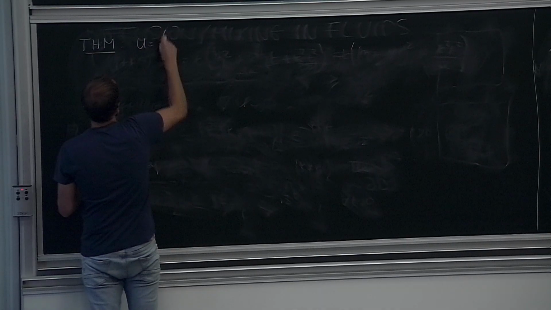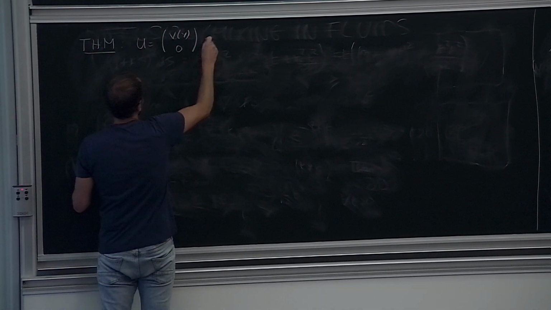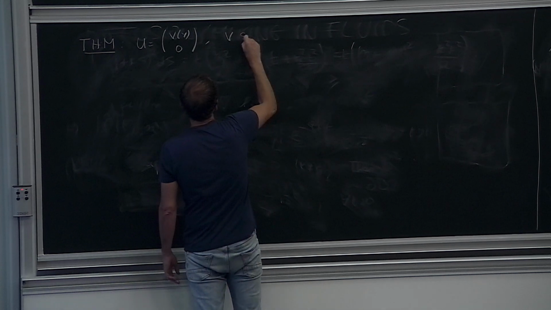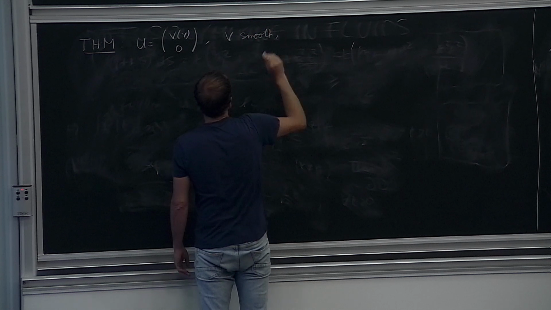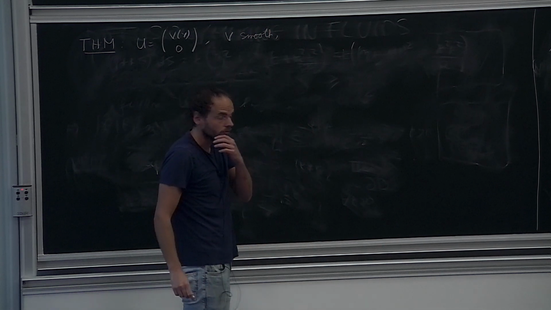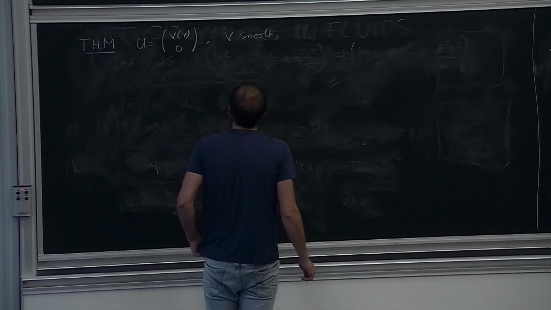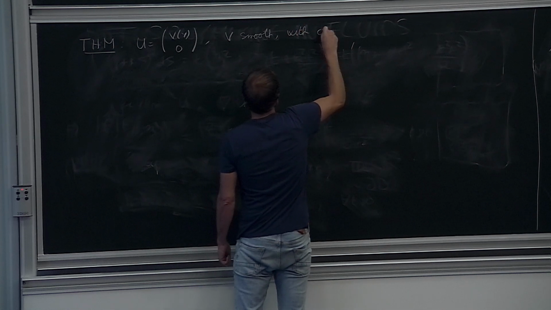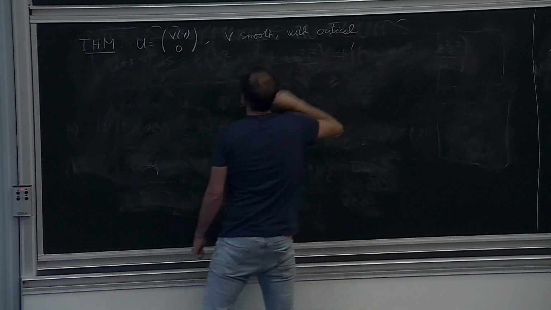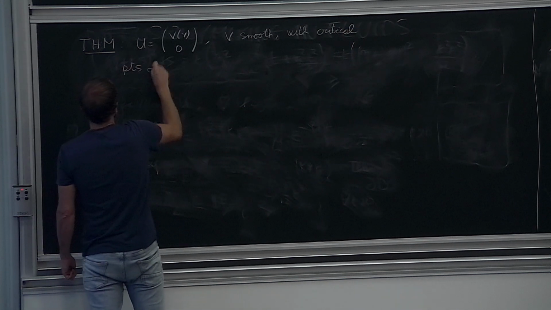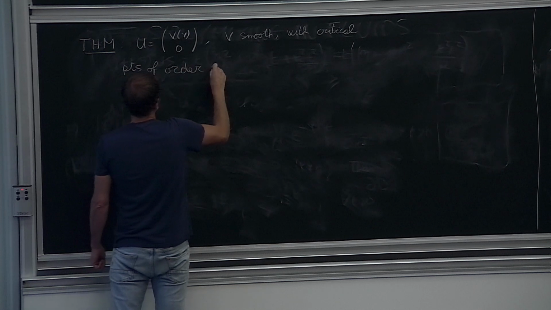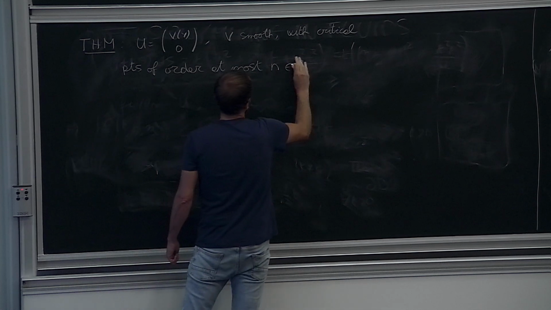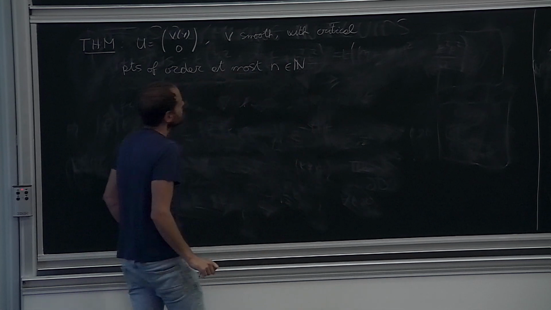So when u is just (v(y), 0), and v is regular, okay, smooth, possibly with critical points, with critical points of order at most n, a natural number.